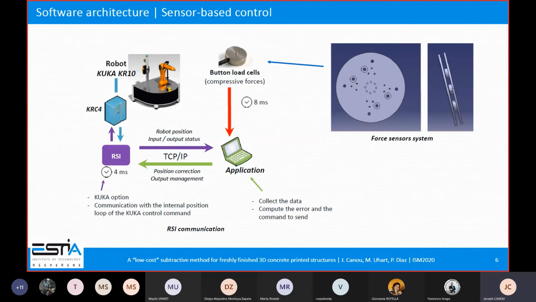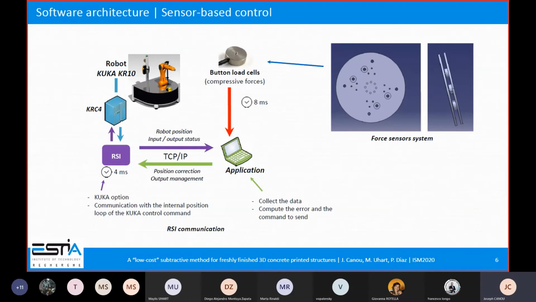So with these 4 sensors, we were able to know exactly what force we applied with the robot on the part. And we can interact also, thanks to our application and some component coming from KUKA called RSI, able to apply some correction on the machining trajectory every 4 milliseconds, so that we can be sure that we are not applying too much effort.